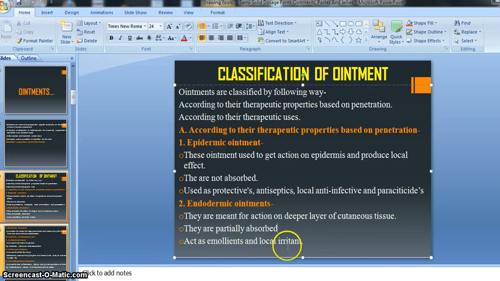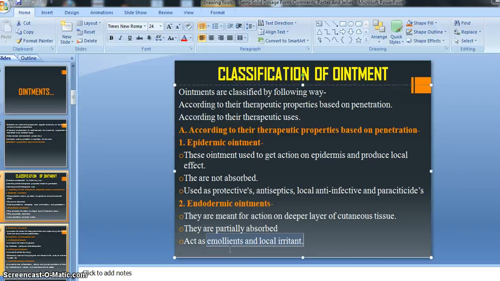Endodermic ointment acts as an emollient as well as a local irritant. Emollient means the preparation produces a soothing effect to the skin, a soothing or softening effect to our subcutaneous tissue. It also acts as a local irritant.